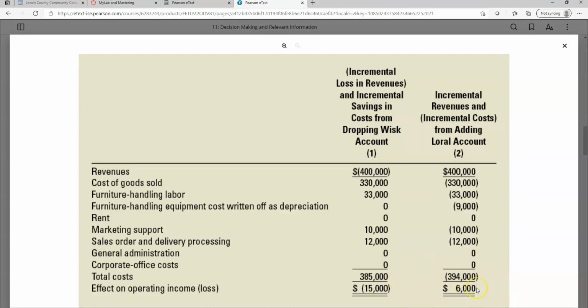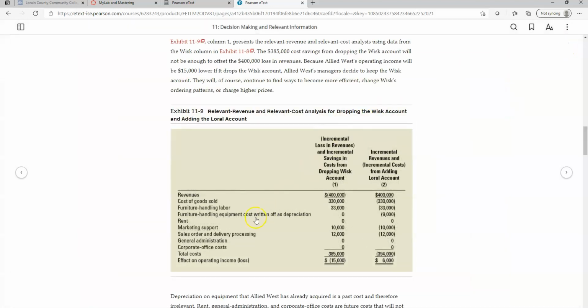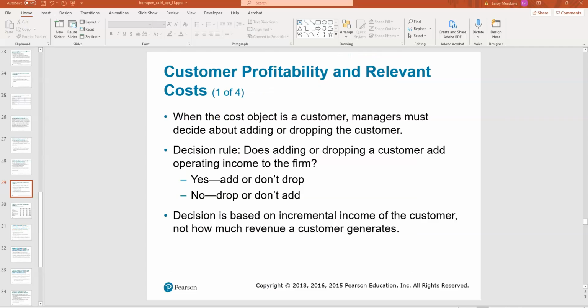So are we really gaining by losing the Whisk account? No, because we're going to lose operating income. But what if I keep Whisk and add the L'Oreal account? Then I'm going to increase operating income. So again, that focuses on figuring out which costs are relevant and which ones are irrelevant.